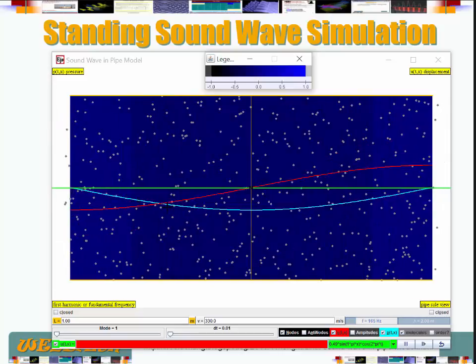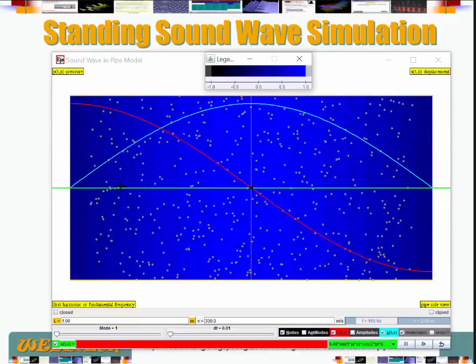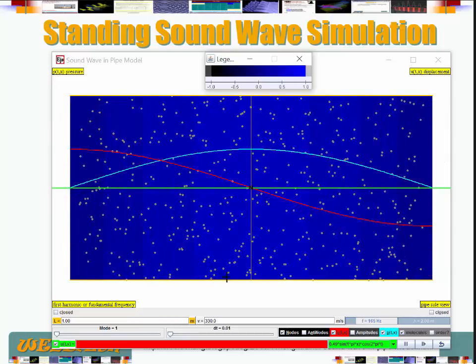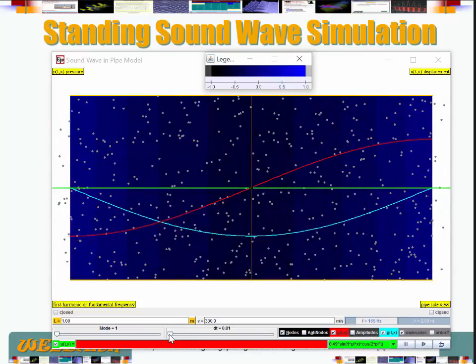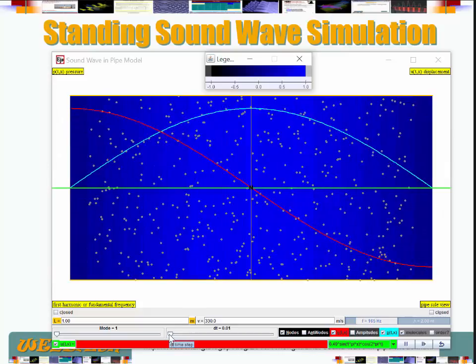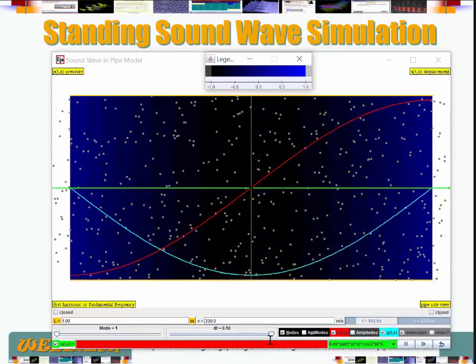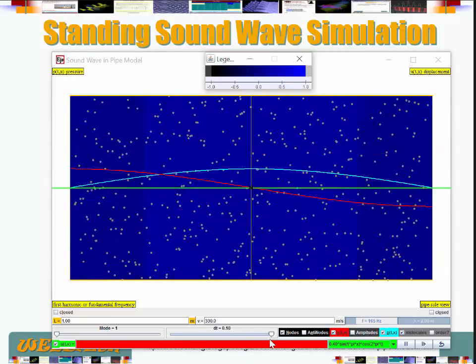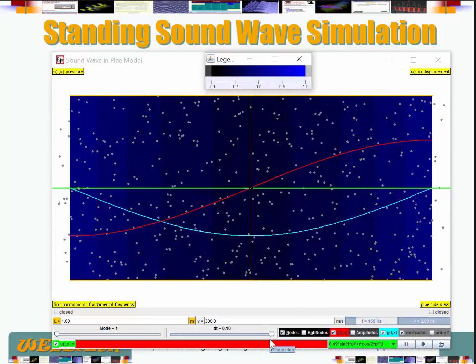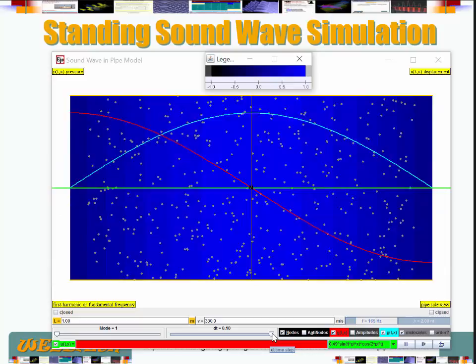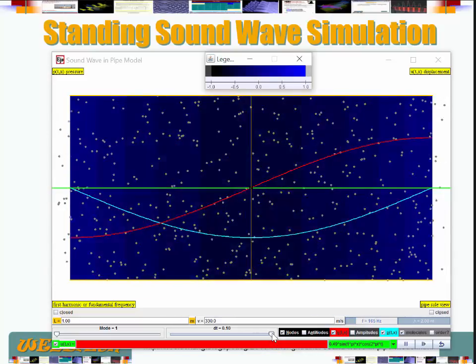See, this is the cyan curve. Nodes at both ends, and then an antinode in the middle. This is the first mode. And anyway, to see it as a standing wave, I'm going to speed it up here. That's the good thing about simulations. We can see things like this. That's the fundamental frequency.